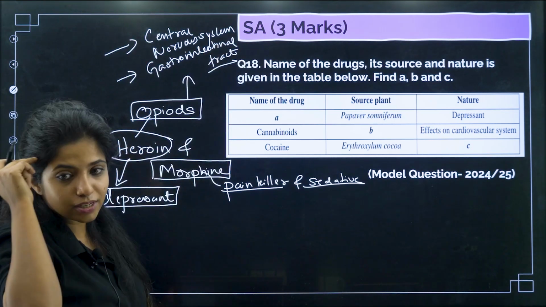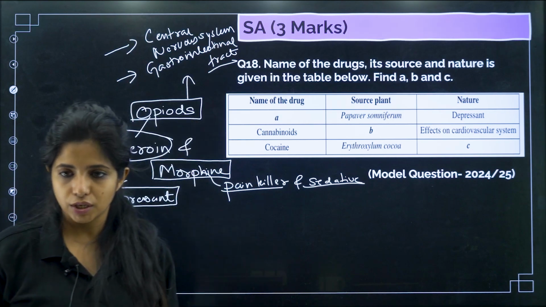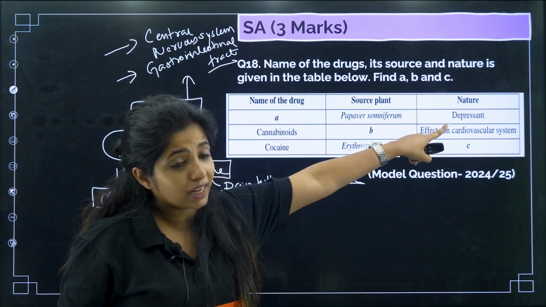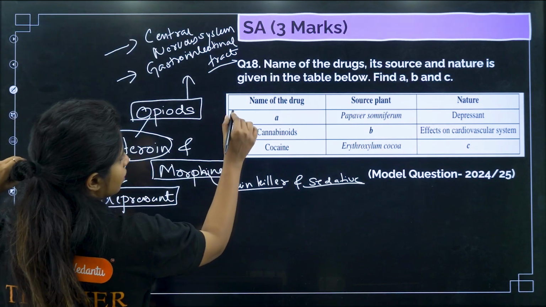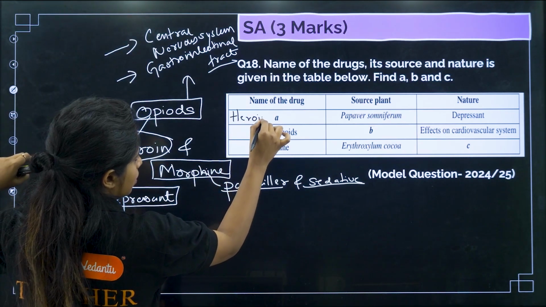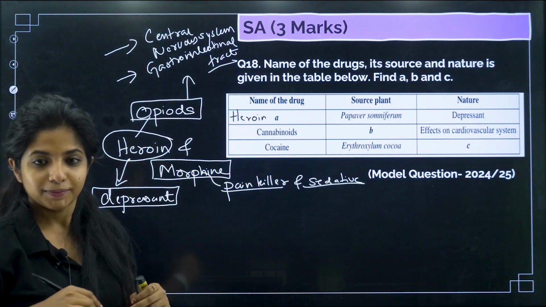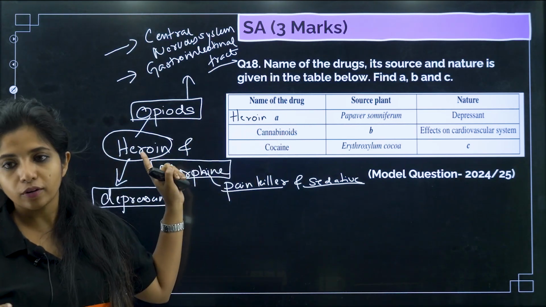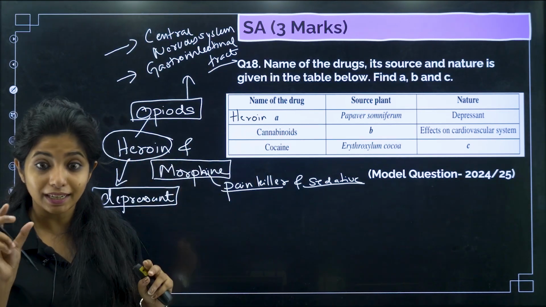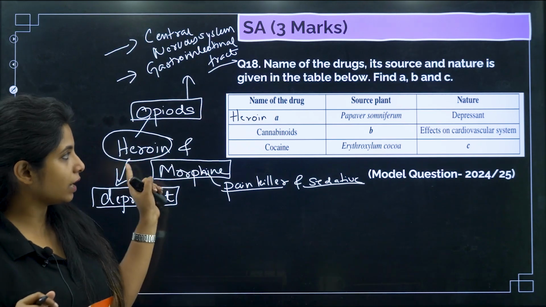Okay, so central nervous system and gastric tract, both of them it affects. And the name of the drug over here which is acting as a depressant will be what, children? It will be heroin. Okay, cool. And you get it from the latex of opium poppy, or basically Papaver somniferum, from the milky thing. Okay, you get this particular drug.